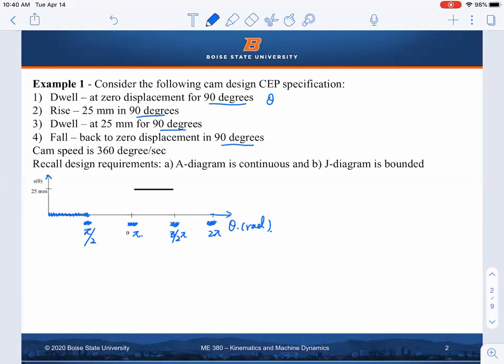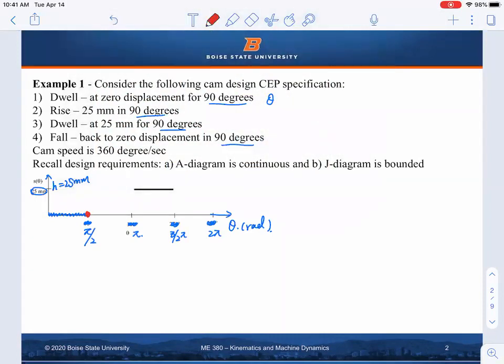The second segment rises from 0 to 25 millimeters. For convenience, let's say h equals 25 millimeters. For the rise, we don't know how it rises. Is it rising linearly or as a second order function? We don't know, but what we know is the boundary conditions.